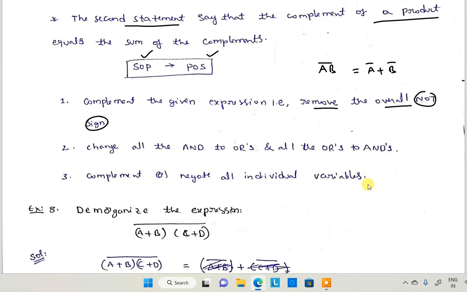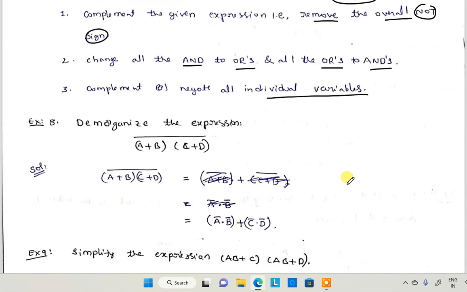Not gate means bar, that is a complement, is removed, and the product sign is converted into dot. Change all AND to OR, this AND function is converted into OR, and all ORs are converted into AND and vice versa. Okay, so complement or negate all individual variables. So these three points you need to remember.